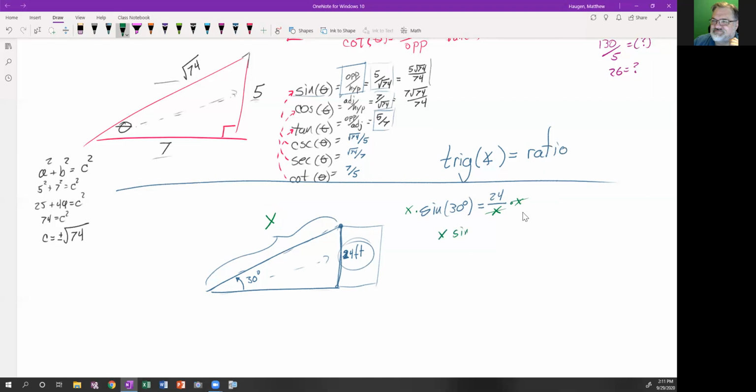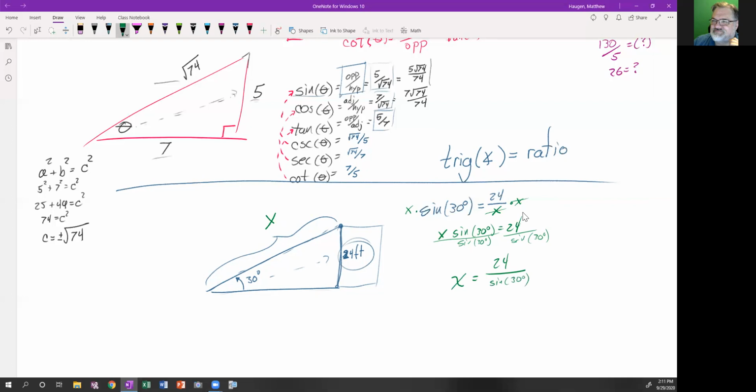So we'd have x times whatever the sine of 30 degrees is, equals 24. Divide both sides by the sine of 30 degrees. Again, that's just some number. We'll find out what that number is in a minute. So x is equal to 24 divided by the sine of 30 degrees.